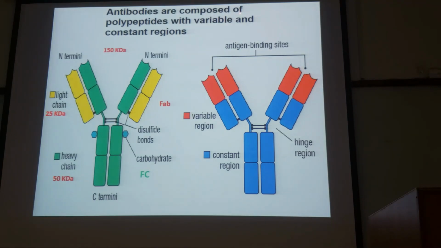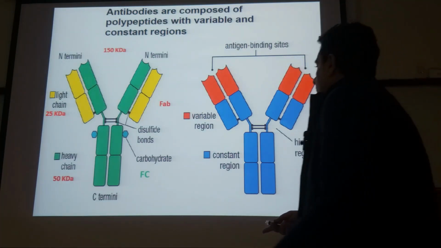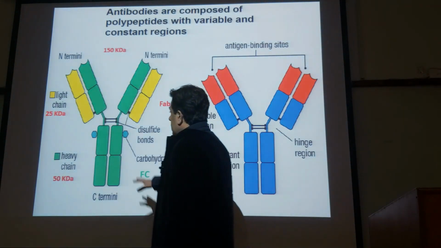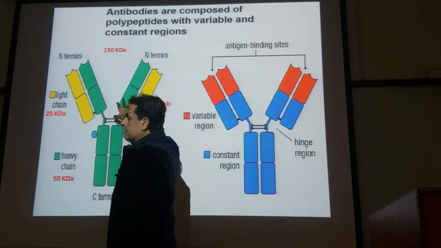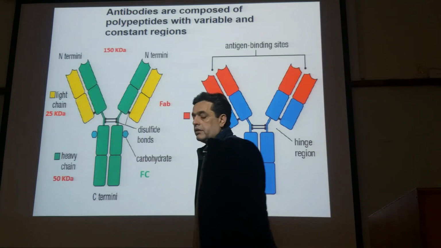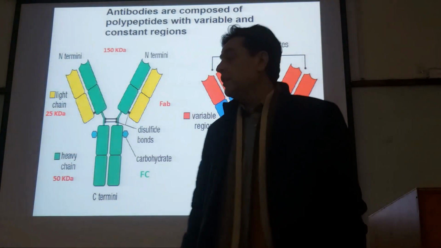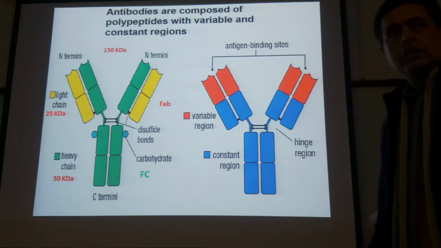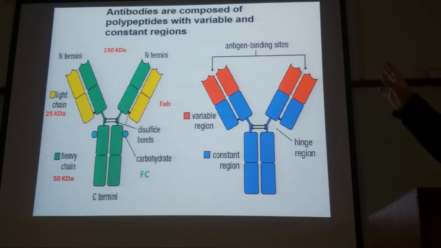Now, antibodies are composed of polypeptides with variable and constant regions. You would have heard about this. These are identical heavy chains in the greens and light chains in the yellow. These are polypeptides actually: heavy chain polypeptides and light chain polypeptides.